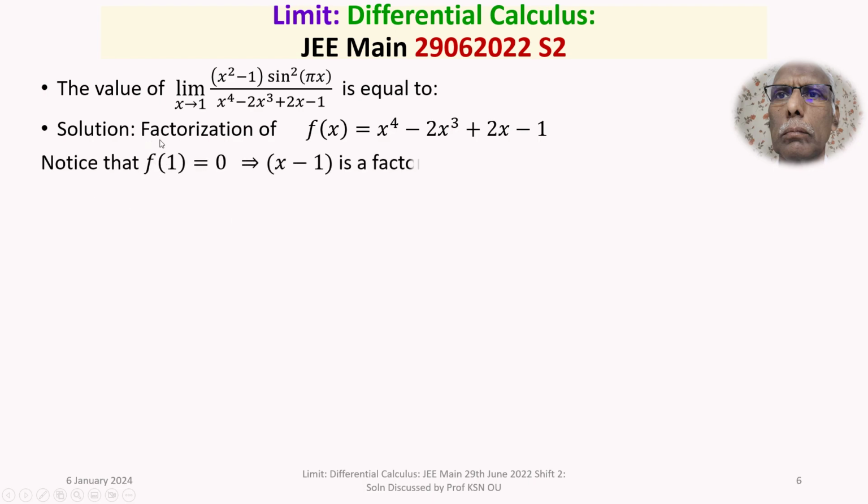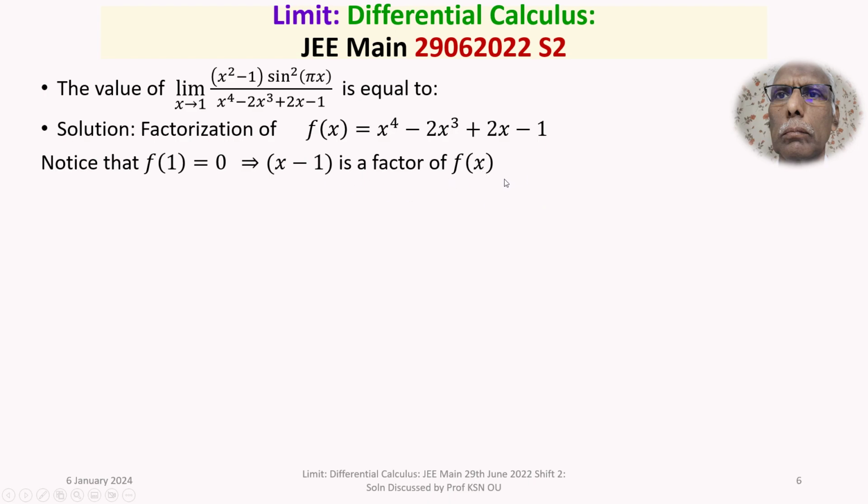Notice that x equal to 1 satisfies this function, so f(1) is equal to 0. That means x minus 1 is a factor of f(x). When it is a factor, you divide f(x) by x minus 1.